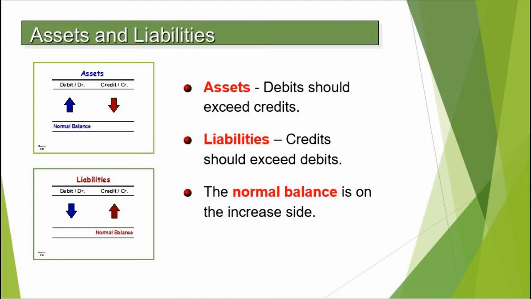This illustration summarizes the effect that debits and credits have on assets and liabilities. Debits to a specific asset account should exceed the credits to that account. Credits to a liability account should exceed debits to that account.